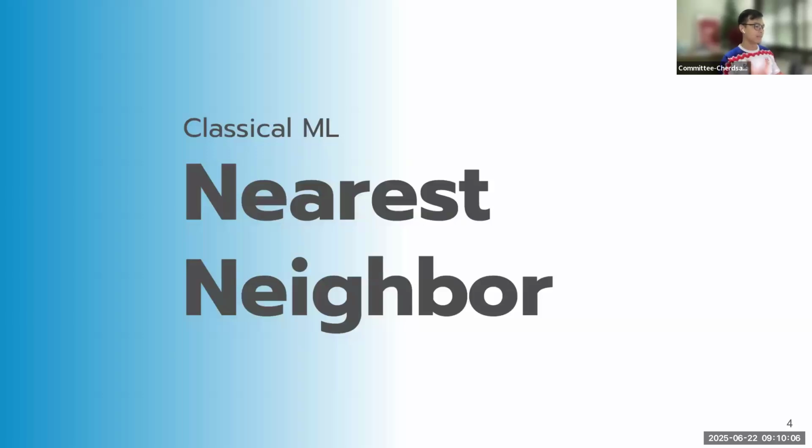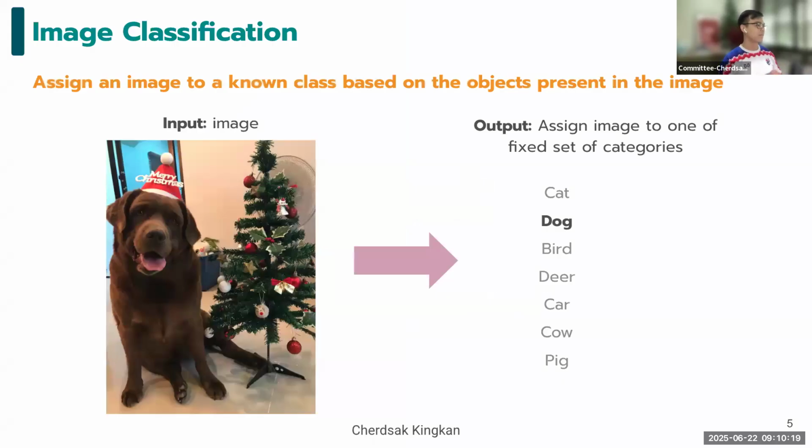Now let's talk about the first classical machine learning model, which is nearest neighbors. In this class, we are mainly focused on image classification.